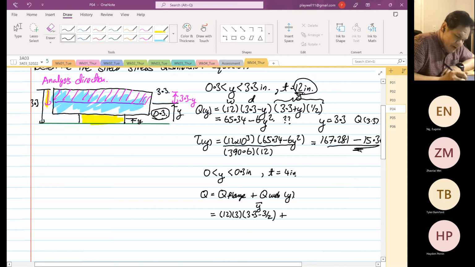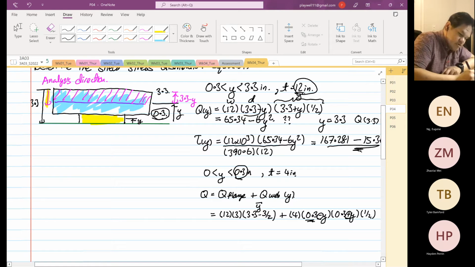So the Q web, the width is 4, the depth is 0.3 minus y, and then 0.3 plus y, multiplied by half. So all you need to do is remember the plus and minus down here, and this 0.3 is based on the maximum value down here. Like down here, this is 3.3. This is based on the limits, upper limit.